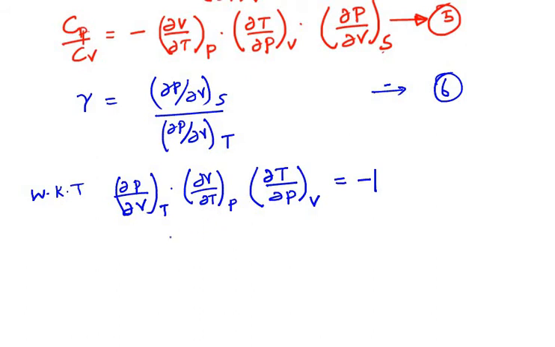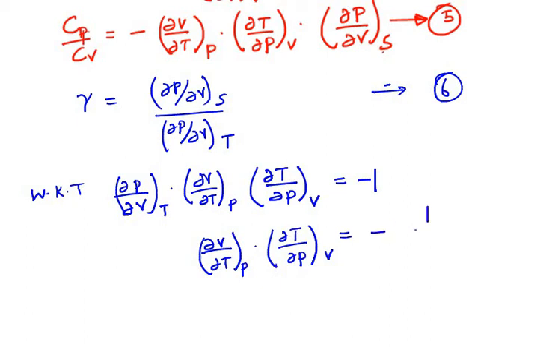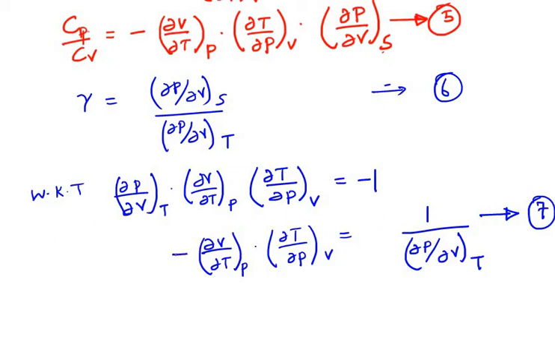Or I can write dou V by dou T at constant pressure into dou T by dou P at constant volume is equal to minus 1 by dou P by dou V at constant temperature. So this can be taken as equation 7. Here I am bringing this negative sign to the left of the equal to sign.